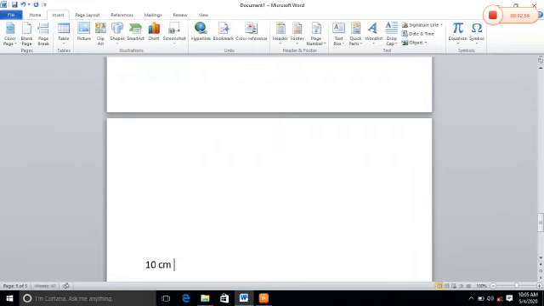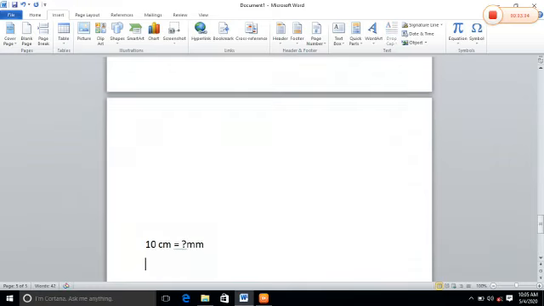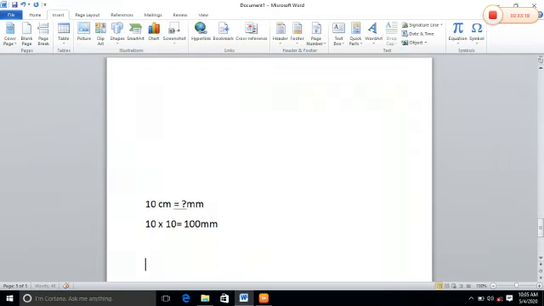We will use 10 multiplied by 10, which will give 100 mm. We use multiplication when going from a higher unit to a lower unit.